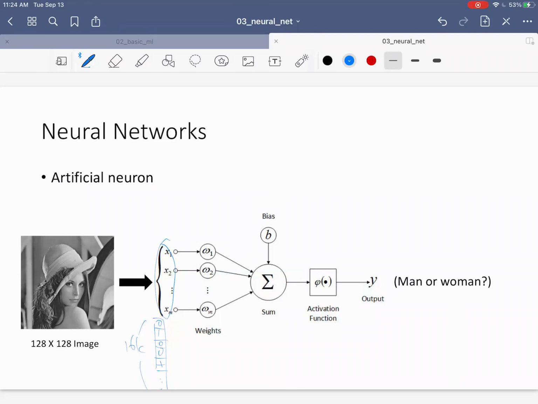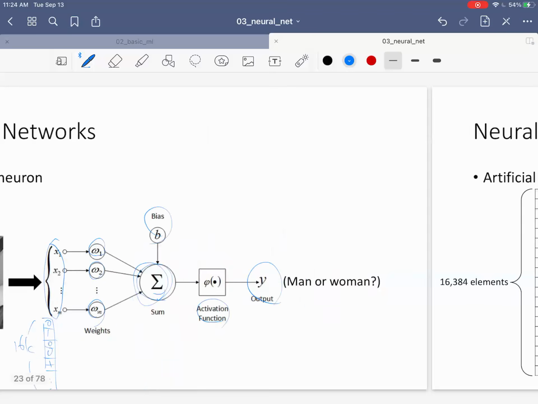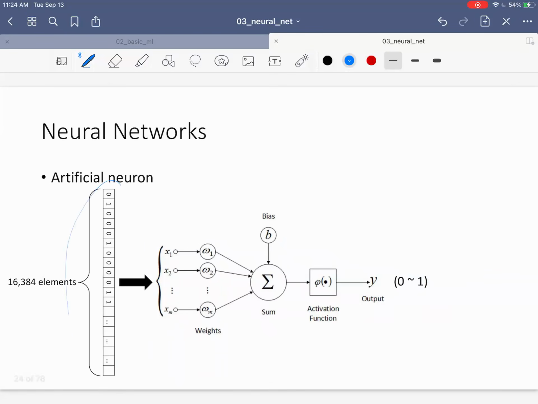And you multiply each pixel value with corresponding weights, and then you sum them up. And then there's bias, which is just 그 절편인 거죠. There's bias, and then you sum them all up, and then you push it through an activation function, and then you have your output, man or woman, like this. Right here, this is the vector representation of the input image.